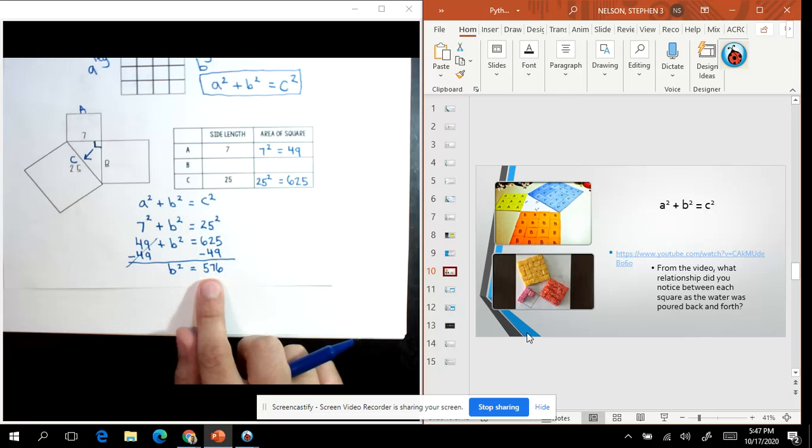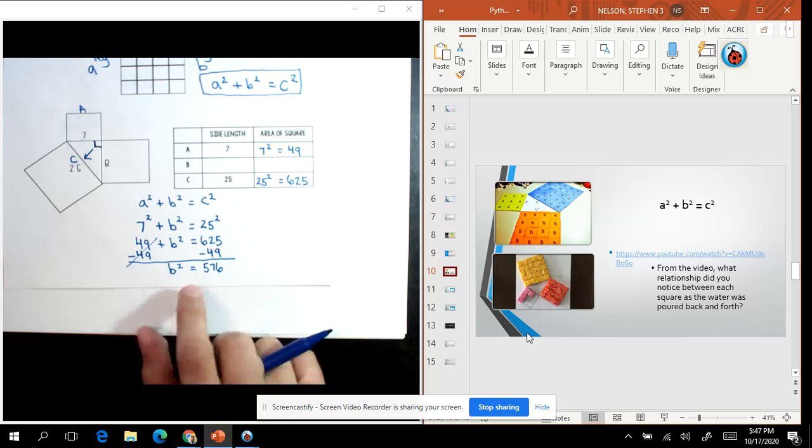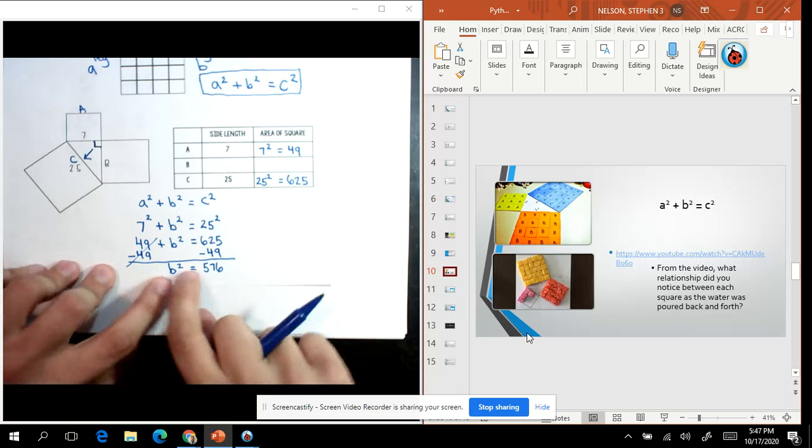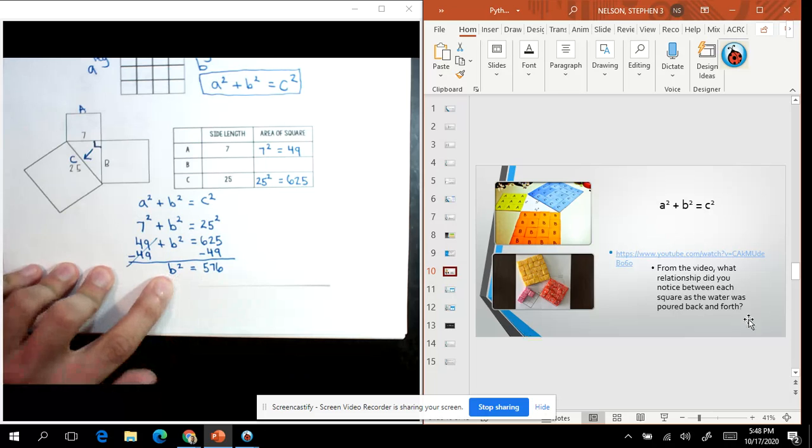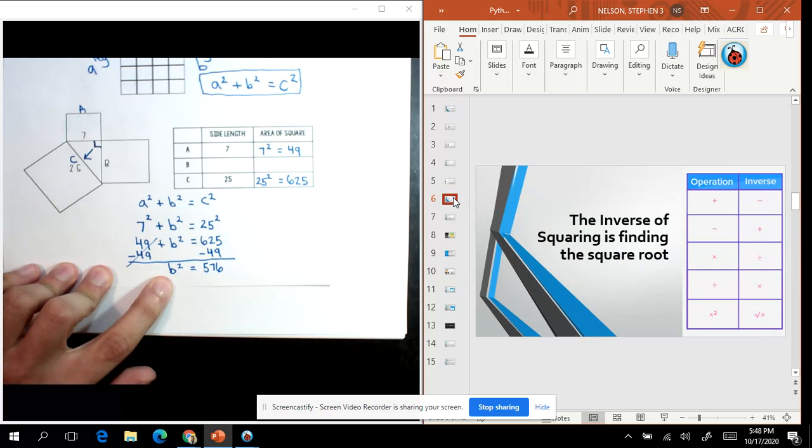But that's not what we want. We want just b equals 576. So we don't stop here. We have a square. So we need to get rid of that square. So remember from one of the slides, the inverse of squaring is finding the square root. So just like taking the inverse of positive is negative, or taking the inverse of multiplication is division, well, now there's a new one we're going to add on.